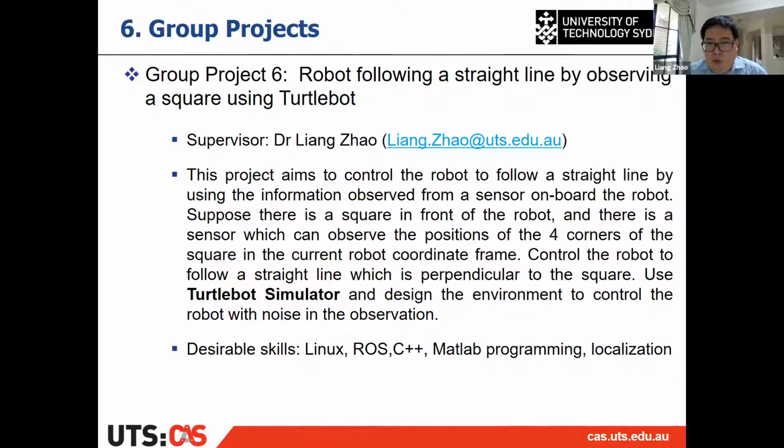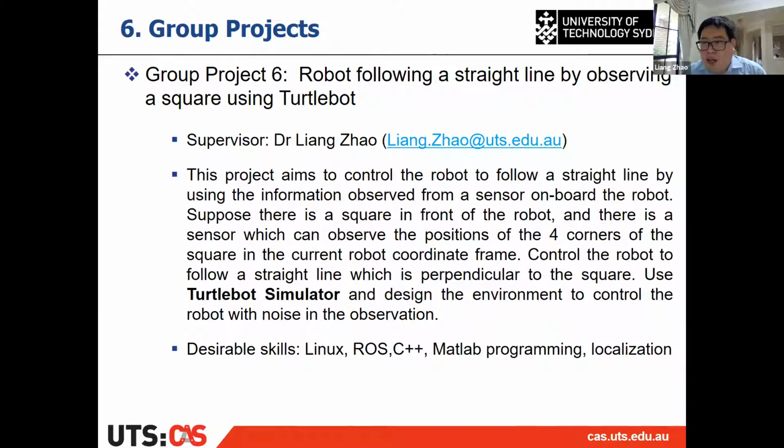Then you need to make some control algorithms and also the visual servoing algorithms to control the turtlebot automatically to follow your designed line by observing the markers or the features you defined. Right? I'm quite open for you to use any of the markers.